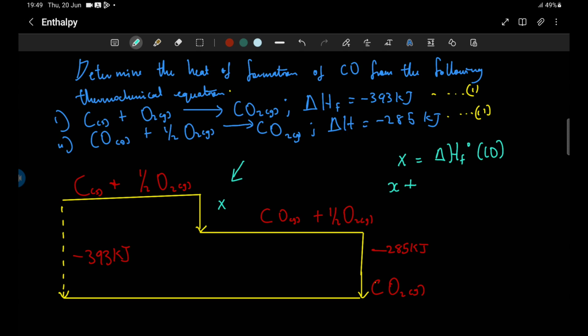Now, the smaller steps you have, if you're to add those ones, they should give you what you have for the overall. So since we know what the overall is, and we know the energy change for one of the steps, that's minus 285 kilojoules. You have that right here, and this will be equal to minus 393 kilojoules, and x here will be minus 108 kilojoules per mole. So that solves the problem right there.